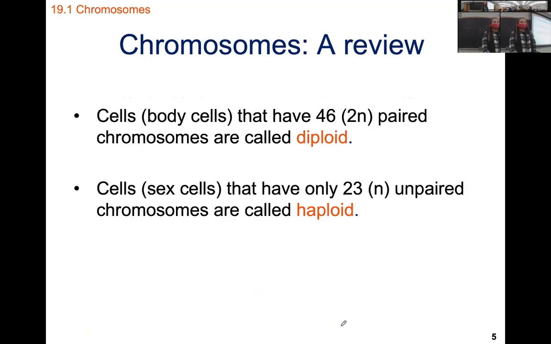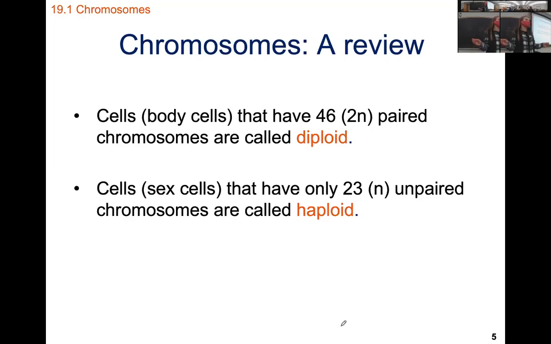A little bit more about chromosomes. So I talked about haploid versus diploid. Those are the words in red there, highlighted for you. Diploid means 2N, which means that we have 2 pairs. Haploid means it's 1 pair, or just 1/2 of it, unpaired chromosomes. Those are your sex cells. Your body cells are 46 chromosomes, 23 pairs.